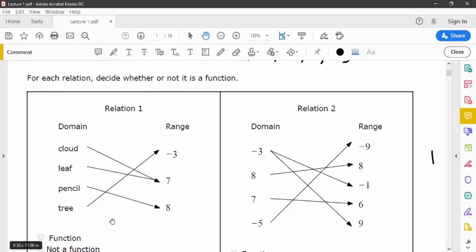When we look at the next example, -3 is paired with -1, and -3 is also paired with 9.